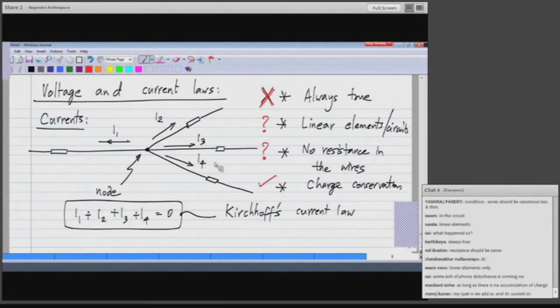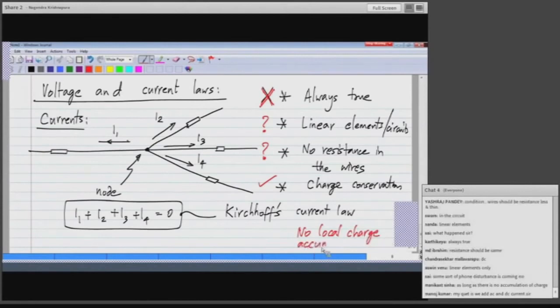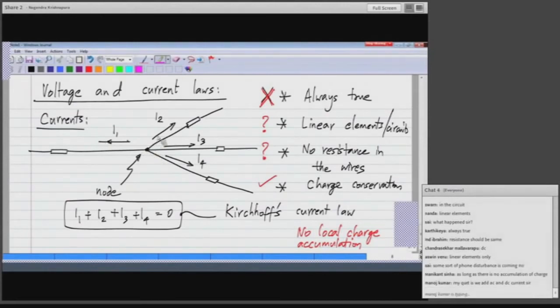So that is true. Again, as I mentioned earlier, a very useful analogy for thinking about currents is fluid flow. So if you have a pipe here, and then it branches off into two pipes, it's very obvious, even without analyzing, to most of you, intuitively obvious, that if there is water flowing here, and then it will branch off into two, and let's say water flowing here at a rate of 10 liters per minute.